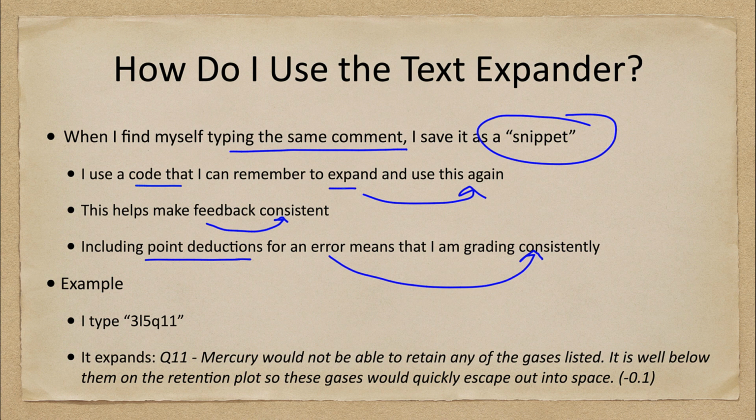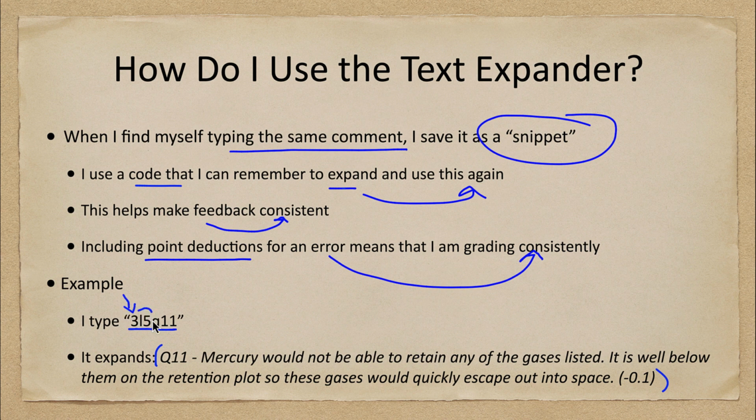Now, one example, and this will look a little odd: if I type 3L5Q11, it will expand out as this much longer snippet shown here. The details of it aren't important. Why does this mean something to me? It looks like just random letters and numbers. Well, it refers to my course, Astronomy 103, which is the 3.